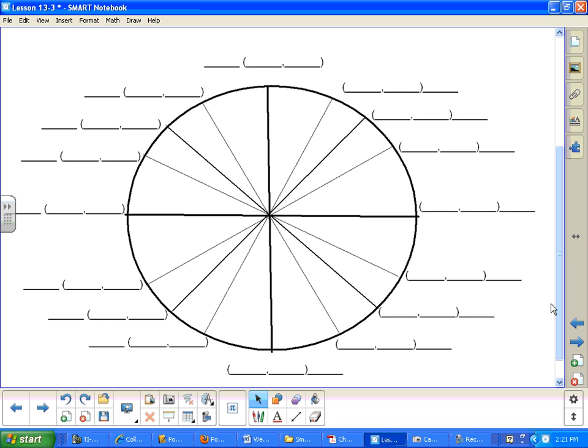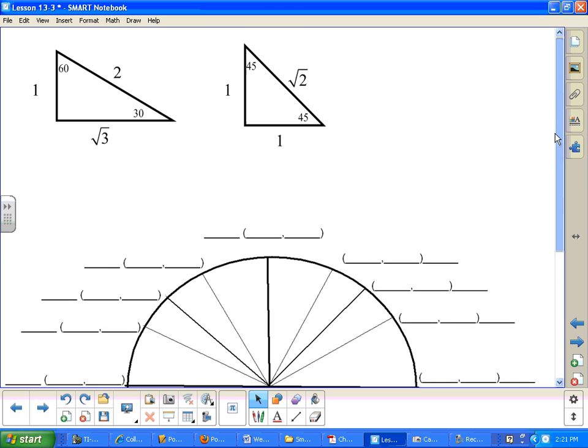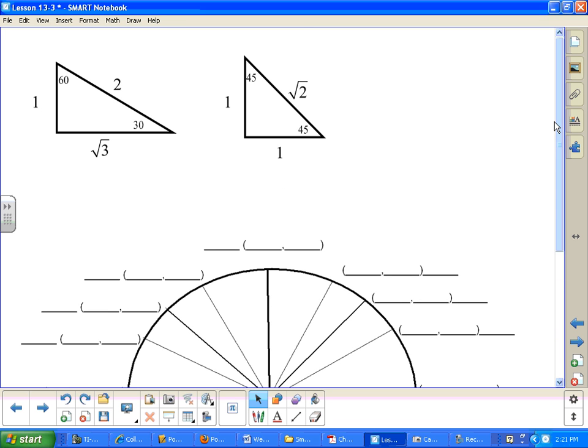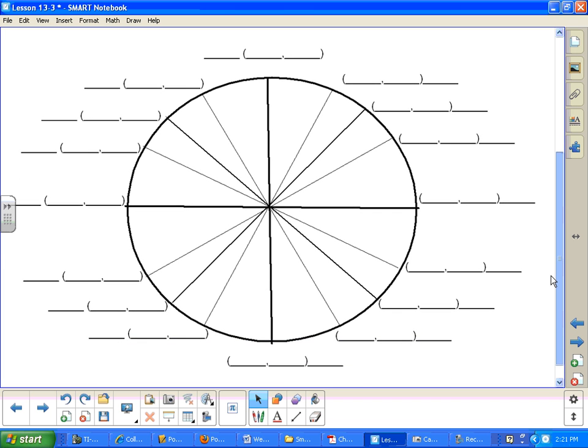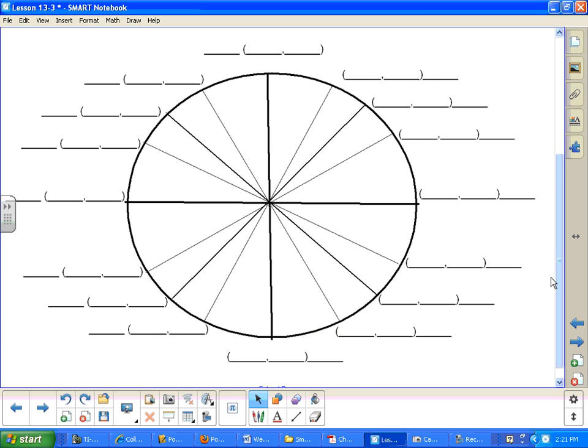Now, one of the things you might want to have on eventually, and don't do it right now, but later, is you might want to put down either on the back, one of the corners maybe, the 2 triangles, because we will be using them in filling this out. Okay? Now, first of all, we're going to talk about degrees. Our angles are going to be inside the circle, and then we're going to have coordinates on the outside of the circle.